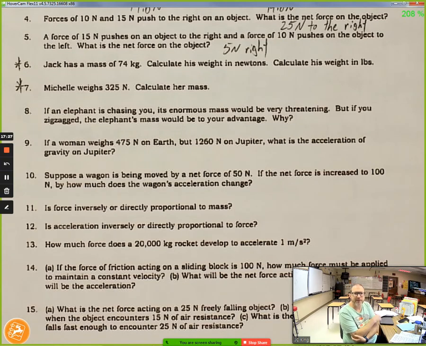Okay, so getting back to the elephant. If you zigzagged, why would the elephant's mass be to your advantage? This is not math, this is more concept. When you're zigzagging, you are changing direction. Changing direction is a form of acceleration, correct?